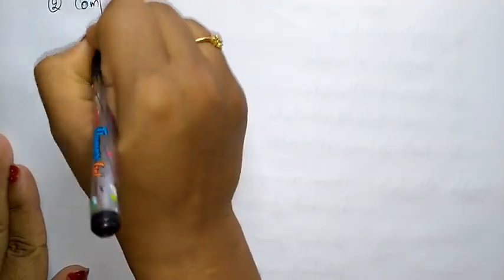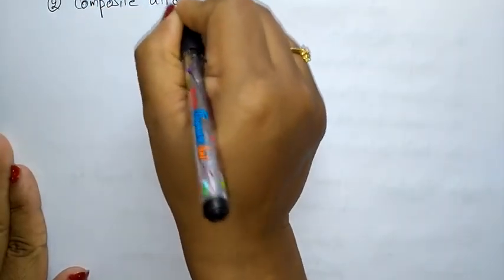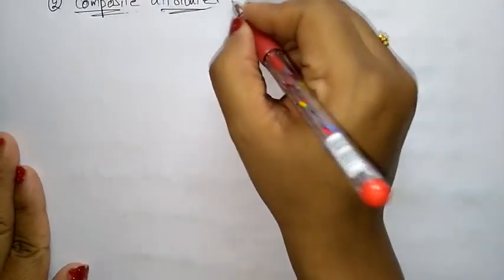The next type is composite attribute. Composite attribute means it can be divided.